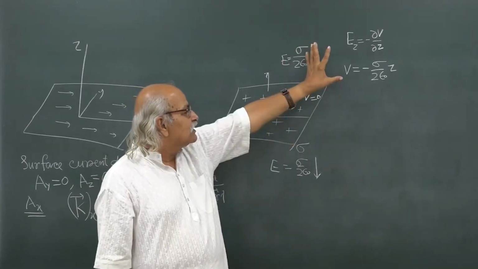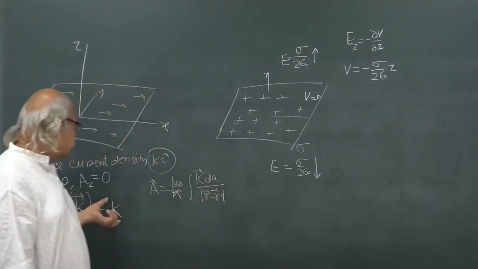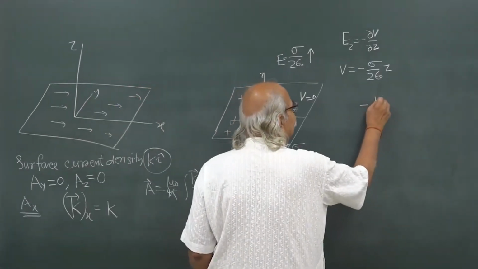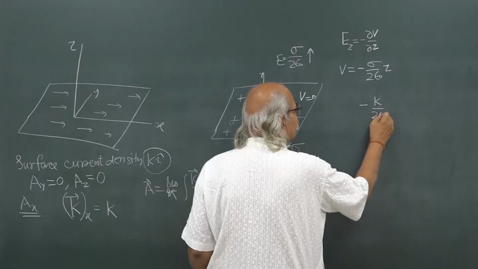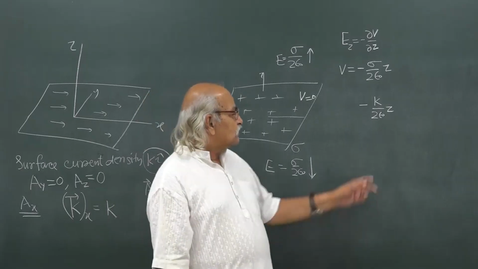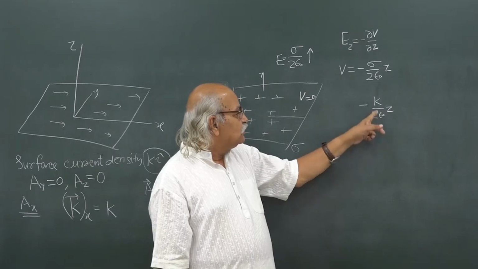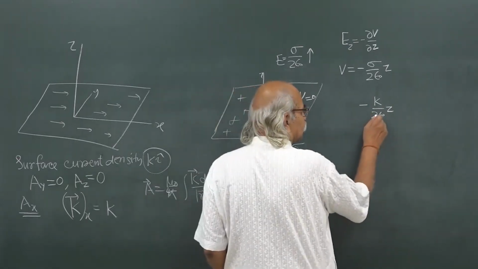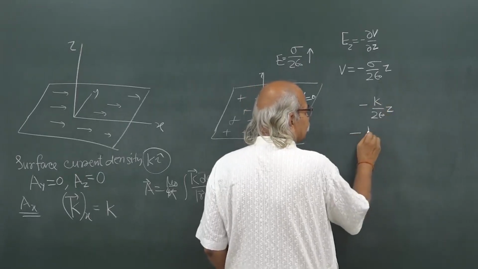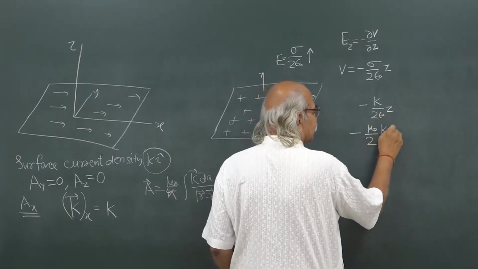So, this is the potential here. If you take k as the surface charge density, then this expression is minus k by 2 epsilon naught z. You only have to replace 1 by epsilon naught by mu naught, and you write minus, then 1 by 2, mu naught, k and z.